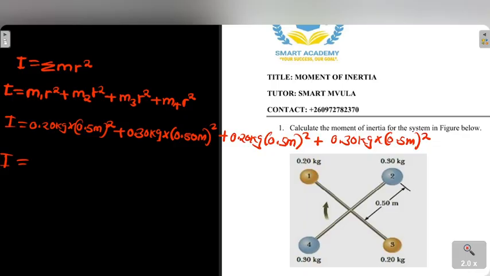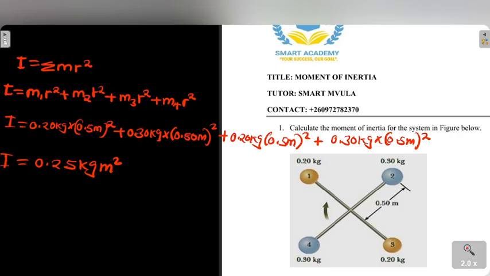Let's start punching 0.20. When you punch on your calculator, you should be able to get 0.25 kg meter squared.